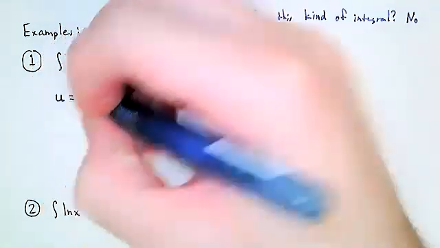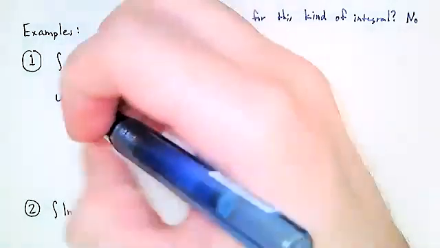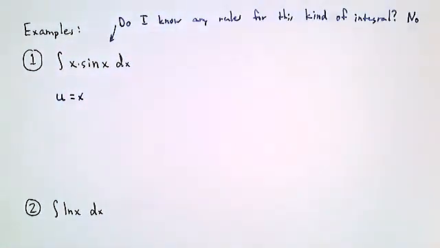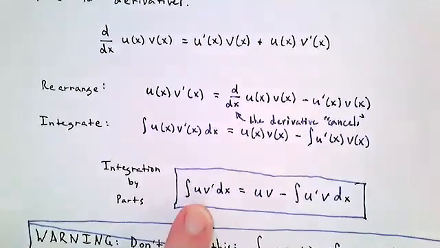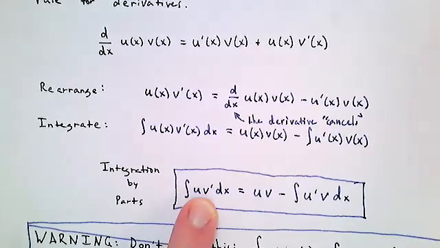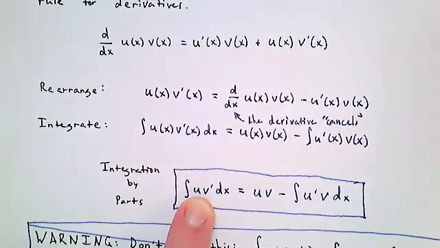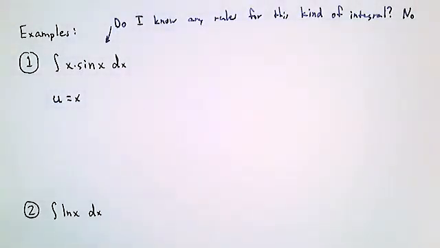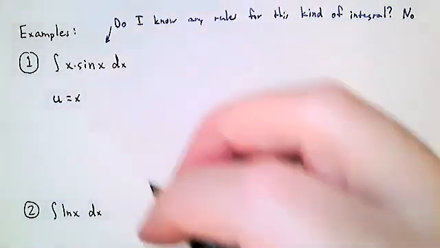So let's write that down. We're going to pick u to be x. And since we're looking at u times sine x, and we want to use integration by parts, where we have two functions being multiplied together, that means v prime is going to be what's left over. It has to be the sine x function.